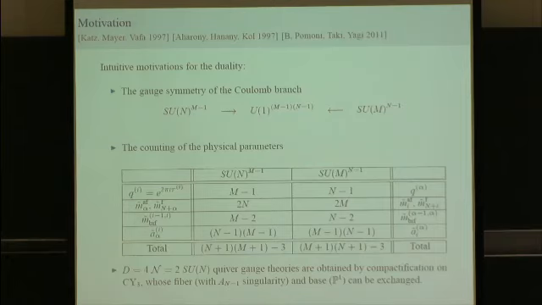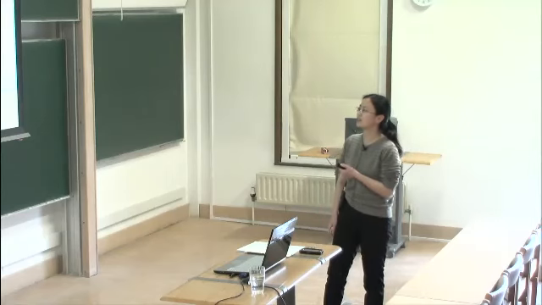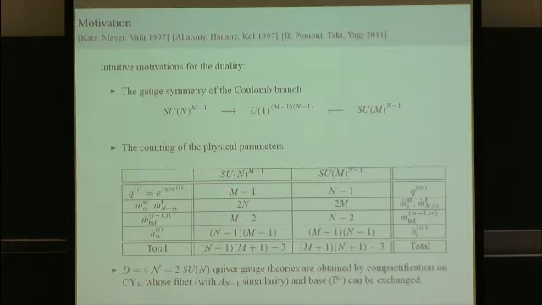Actually, I already counted the parameters for you a few slides before. The first line denotes the gauge coupling constants, the UV ones. The second line are the fundamental and anti-fundamental masses. The third line is the bifundamental masses, and the fourth line are the Coulomb moduli.